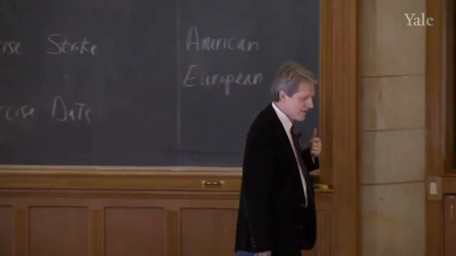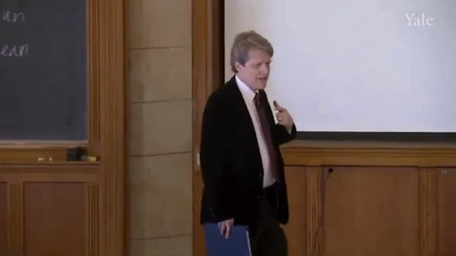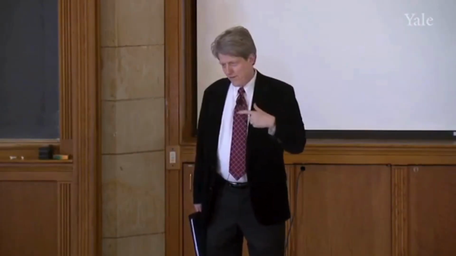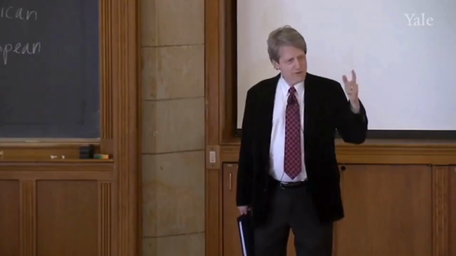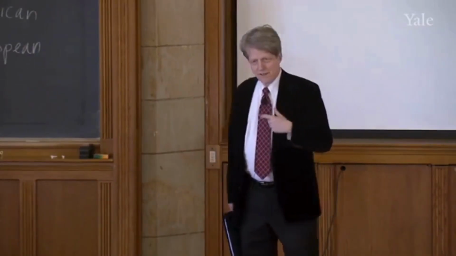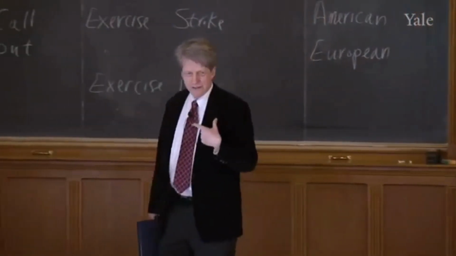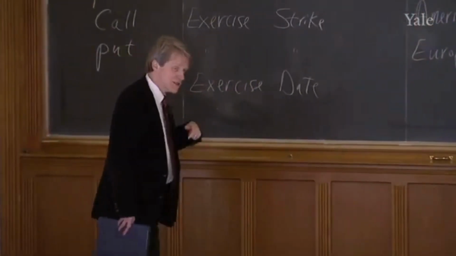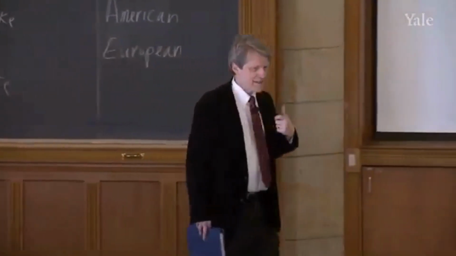Mortgages. An ordinary home mortgage has an option characteristic to it, in the sense that if the price of your home drops a lot, you can just walk away from the mortgage and say, I'm out of here. It's like not exercising an option. It's analogous. Or I can choose to prepay a mortgage early, and that's like exercising an option.